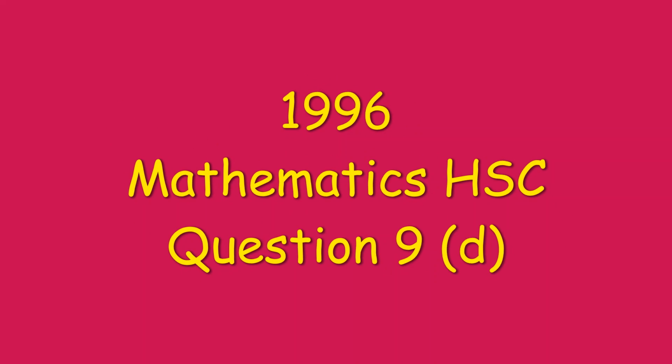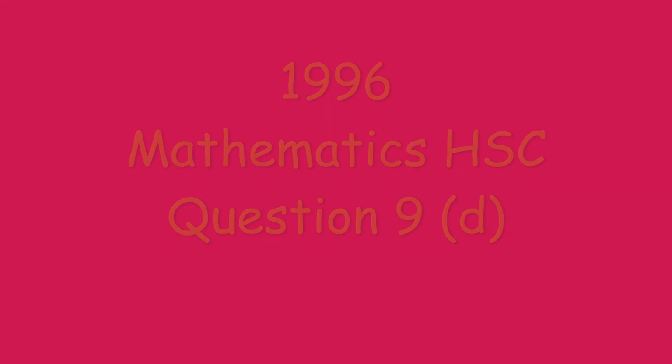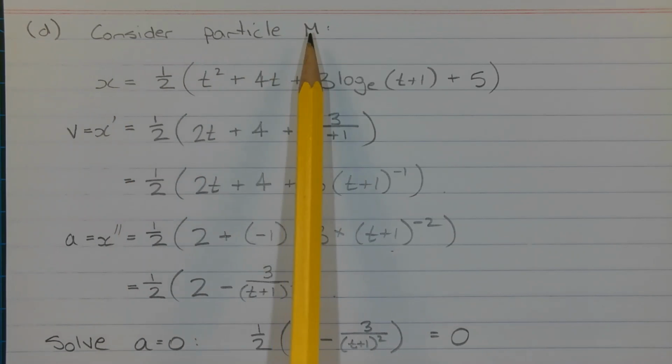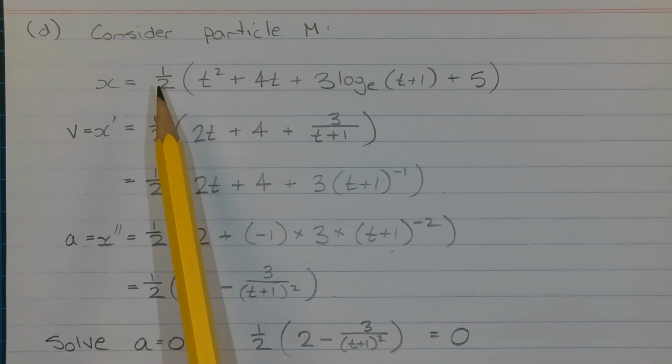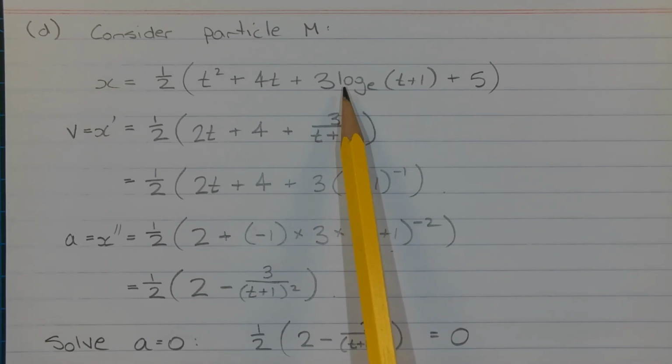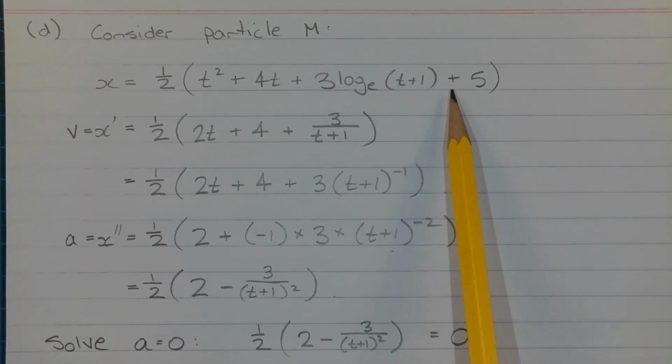Part D. Find the time at which the acceleration of m is 0. Consider particle m. Now from Part C, the expression that gives us the position of particle m is x equals 1 over 2 times open bracket t squared plus 4t plus 3 times log base e of t plus 1 plus 5 close bracket.